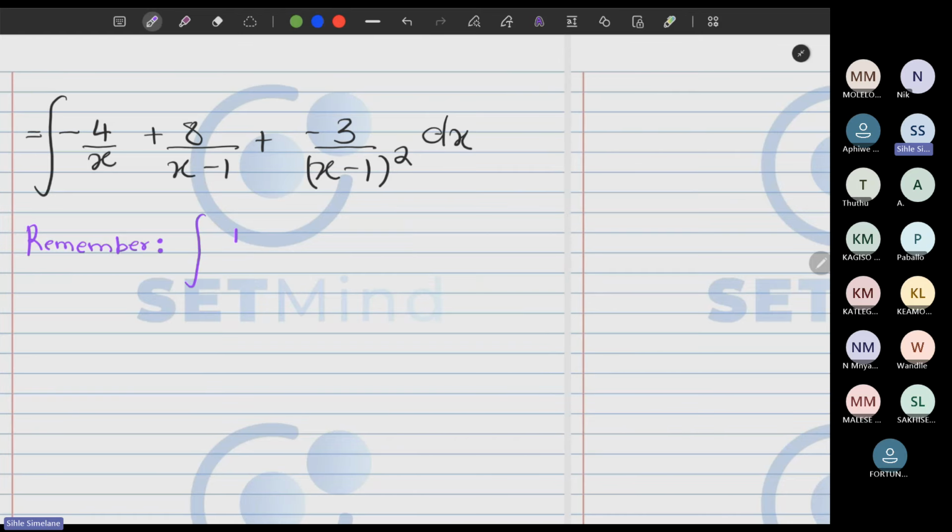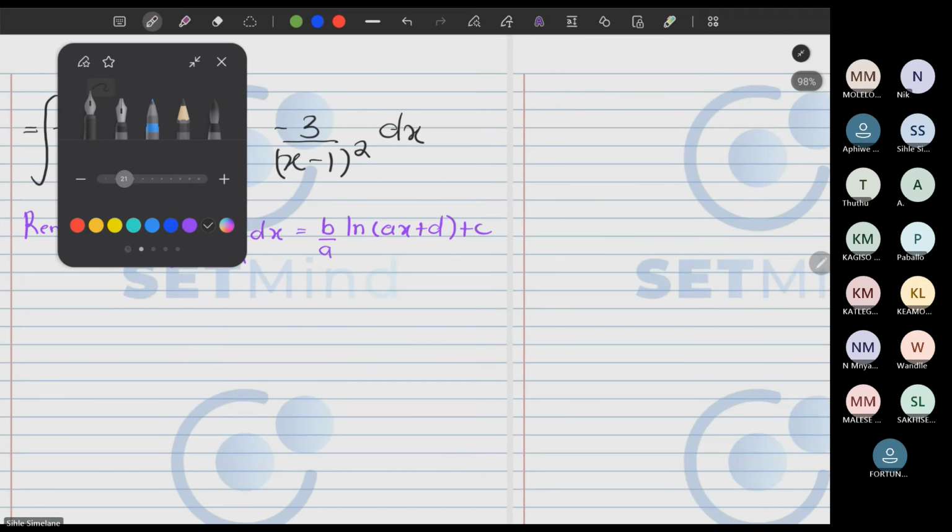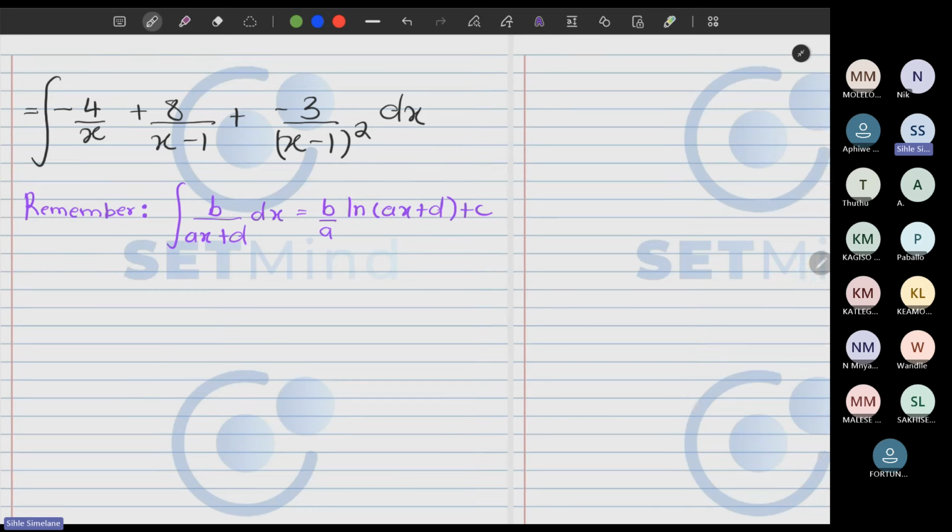If you're integrating, let's say b over ax plus d dx, you should remember that your answer will be b ln of ax plus d, and then plus c. But what is very important, by chain rule, you should divide by the a, so that when you derive, you will undo that effect. So this is just about what you need.